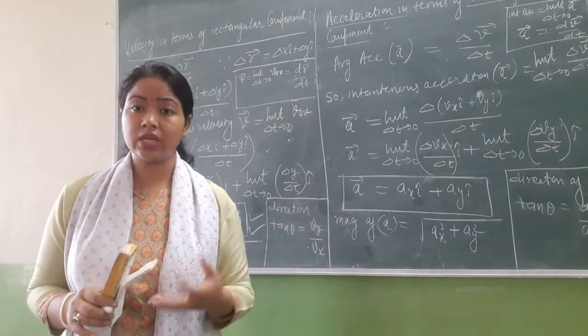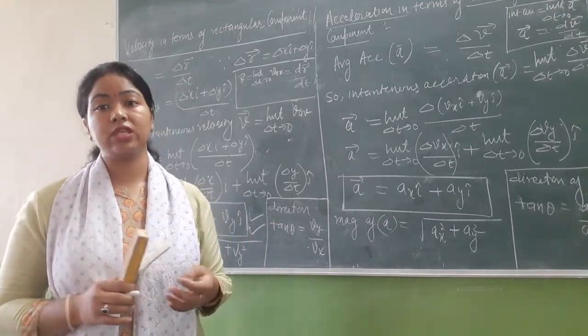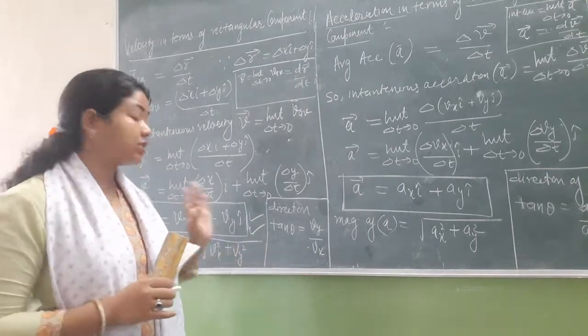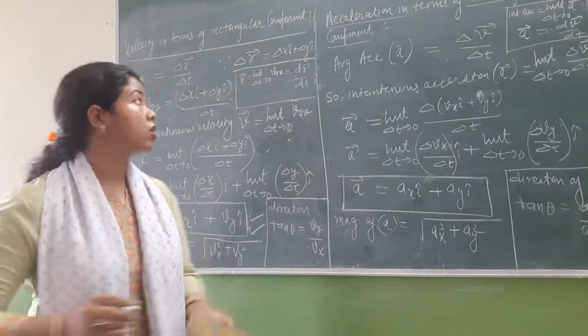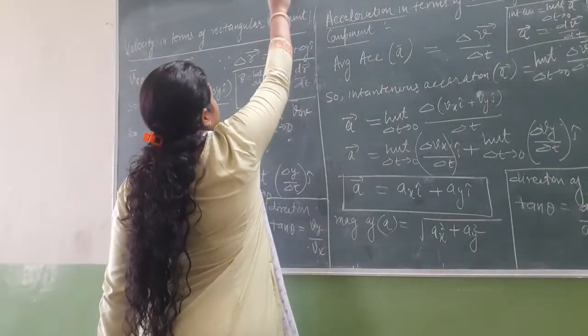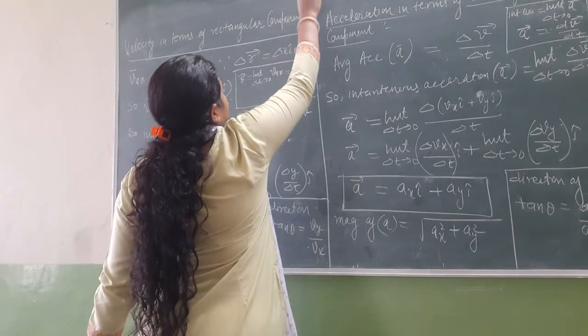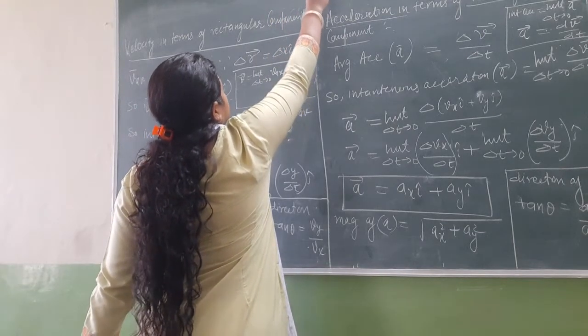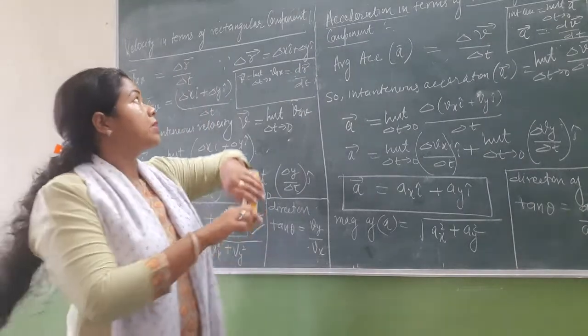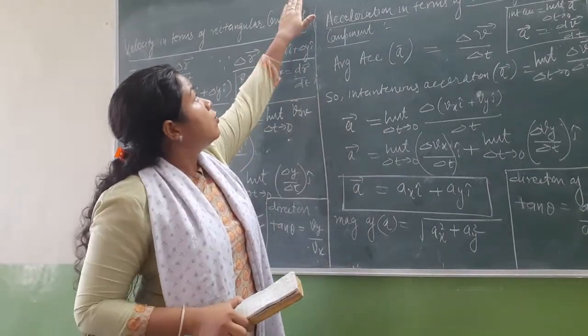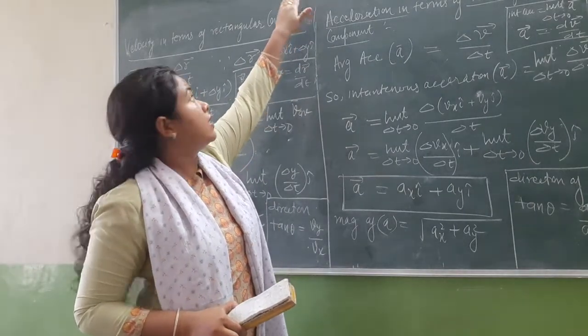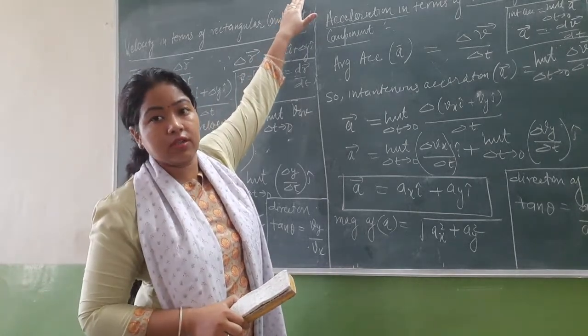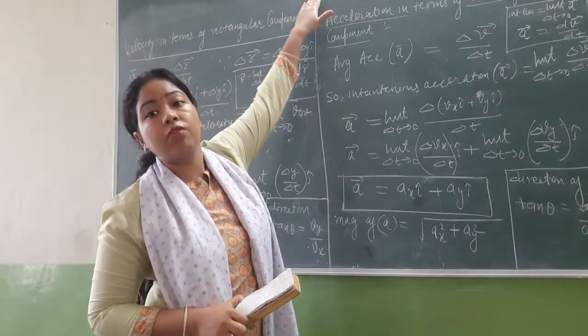Many times in chapter number 4 the velocity is given in terms of its rectangular components. How is velocity given to you? V will be equal to 2i plus 3j. So what does this represent? 2 represents vx, and 3 represents vy.